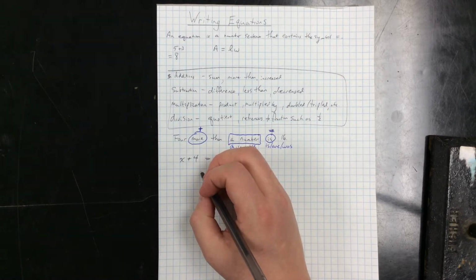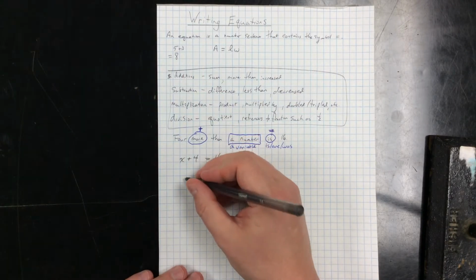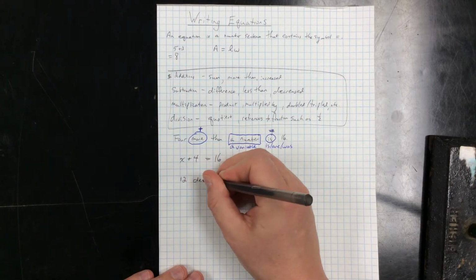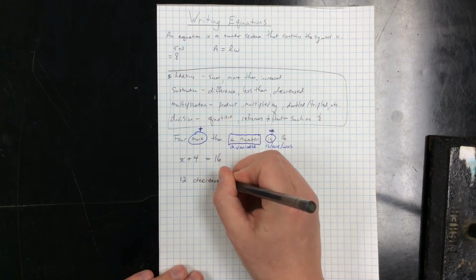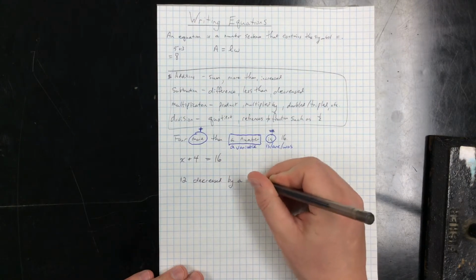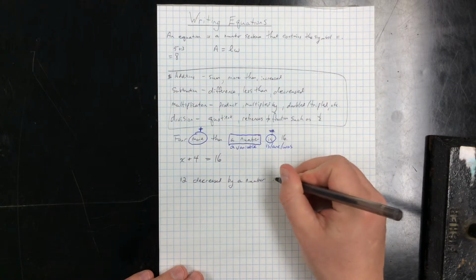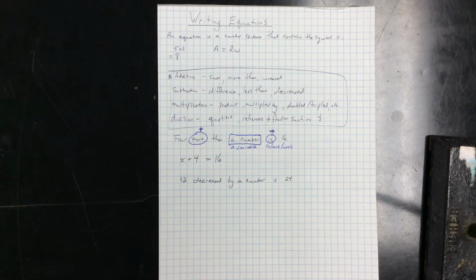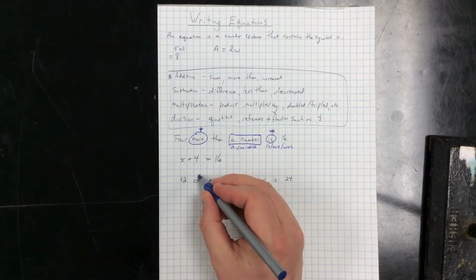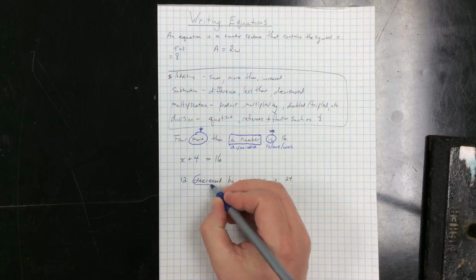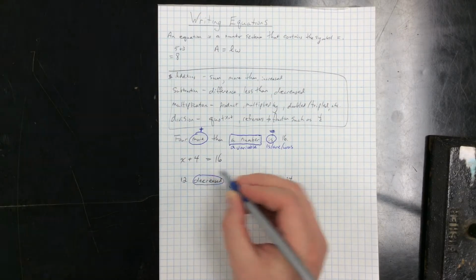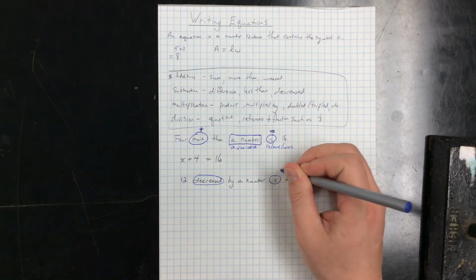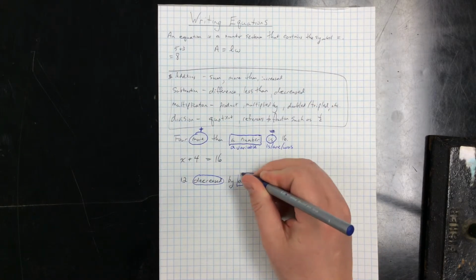Another one that we might come across would be 12 decreased by a number is 24. Again, I'm going to look for these keywords: decreased, is, and a number again.